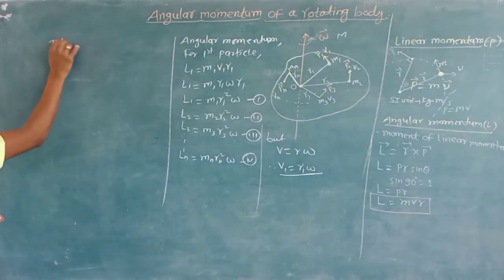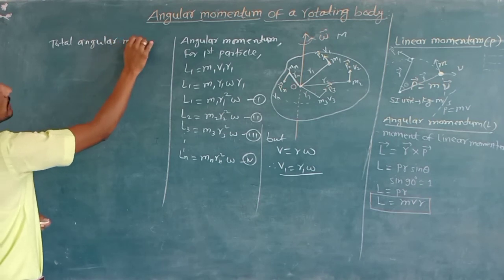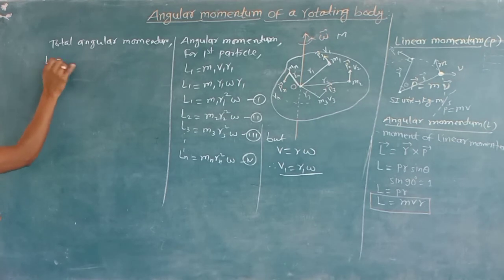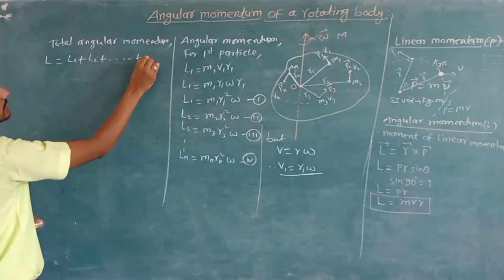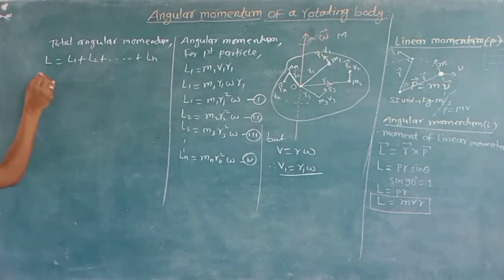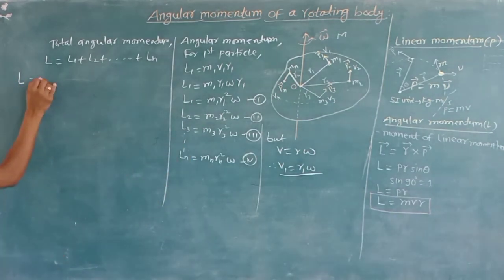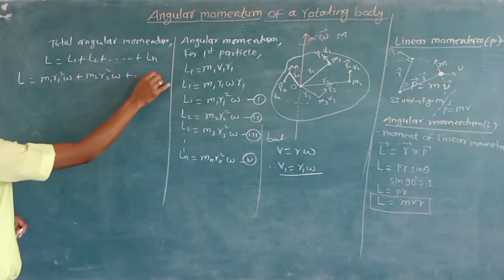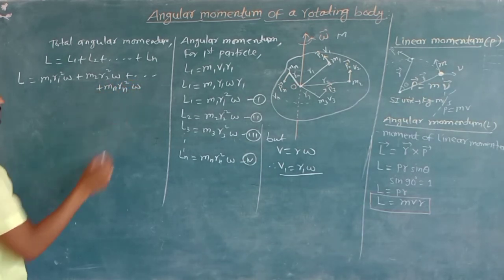Now from this we can determine the total angular momentum. The total angular momentum is given by L equals L1 plus L2 plus up to Ln. So we get L equals m1 r1 square omega plus m2 r2 square omega plus up to mn rn square omega.